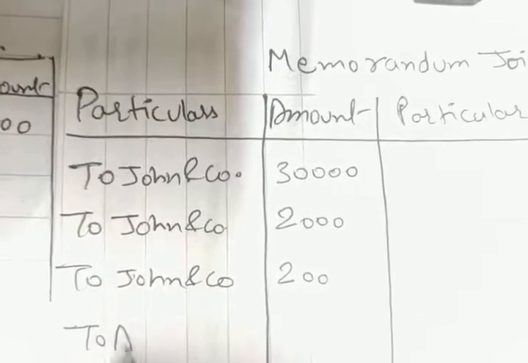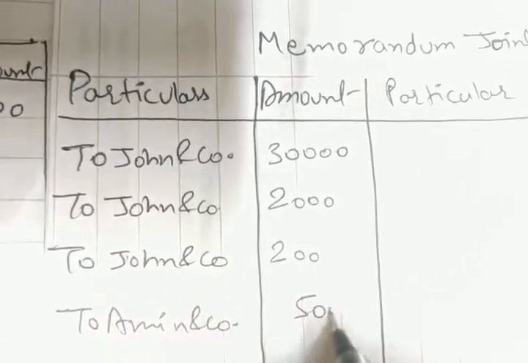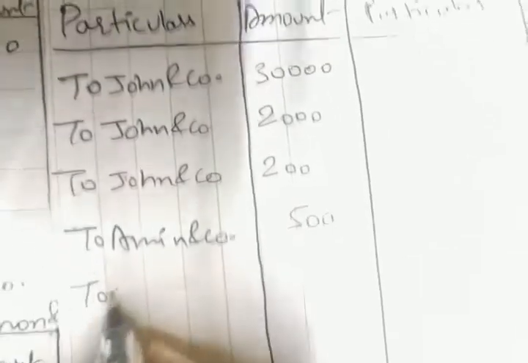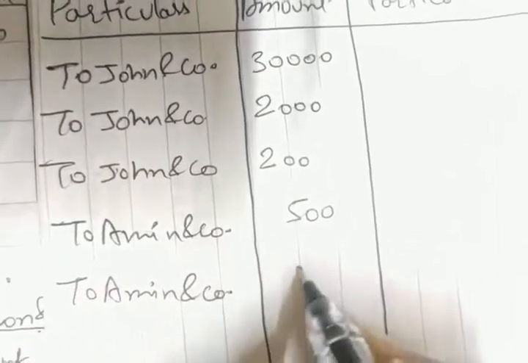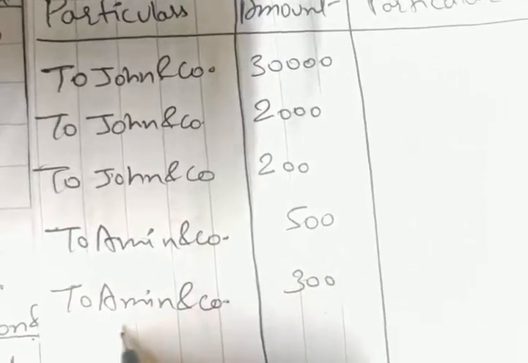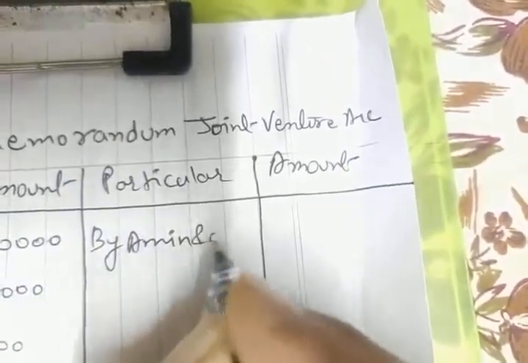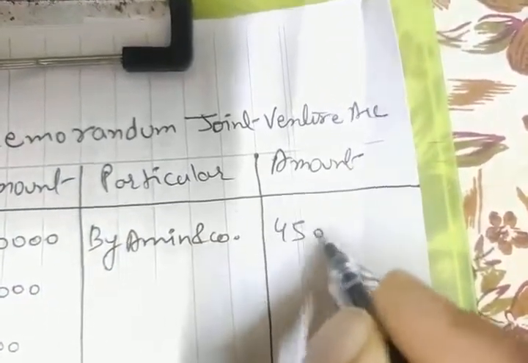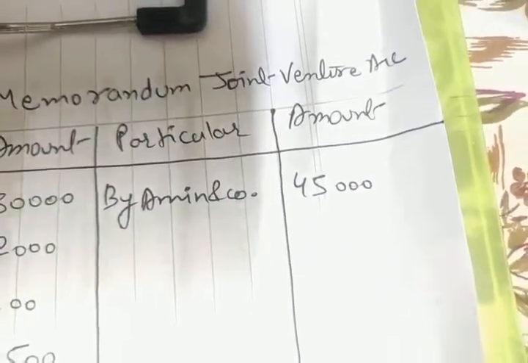Then to Amin and Company, they have borne the expense of 500. To Amin and Company, they have borne again the sales expense of rupees 300. And then we know that sales was done by Amin and Company worth rupees 45,000. So these were all the entries.